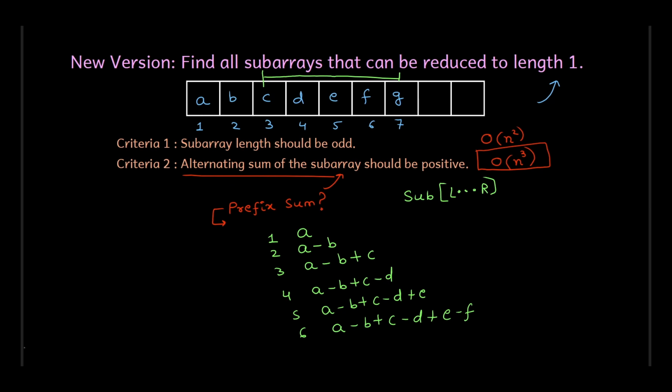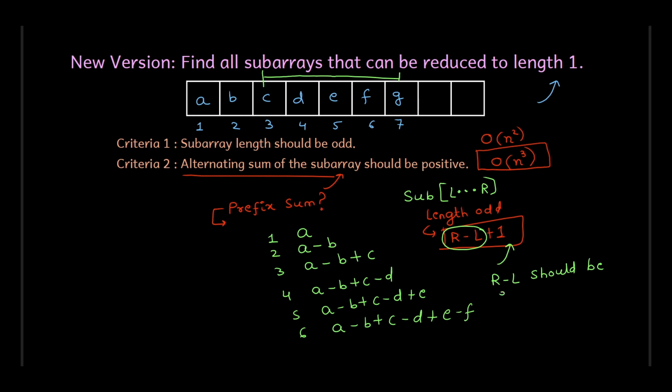First of all, its length should be odd. But what is the length of such a subarray? It is nothing but R minus L plus 1. So this quantity has to be odd. This means that R minus L should be even.